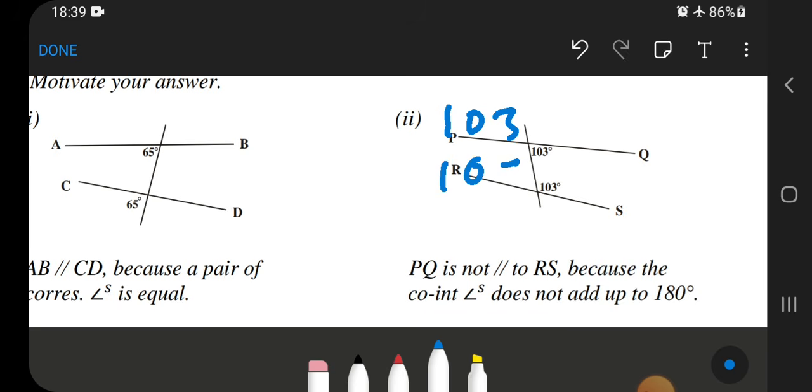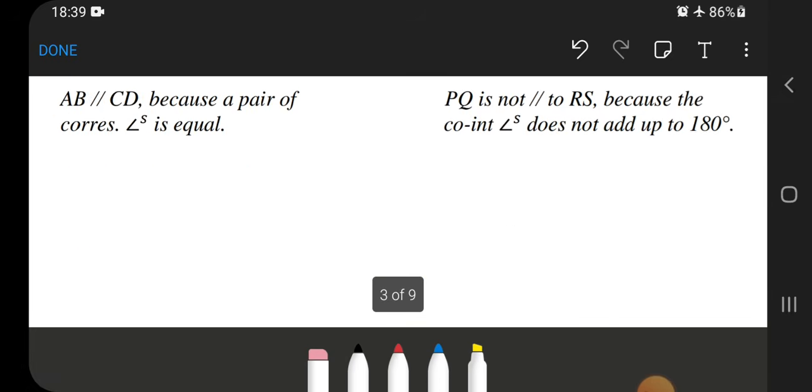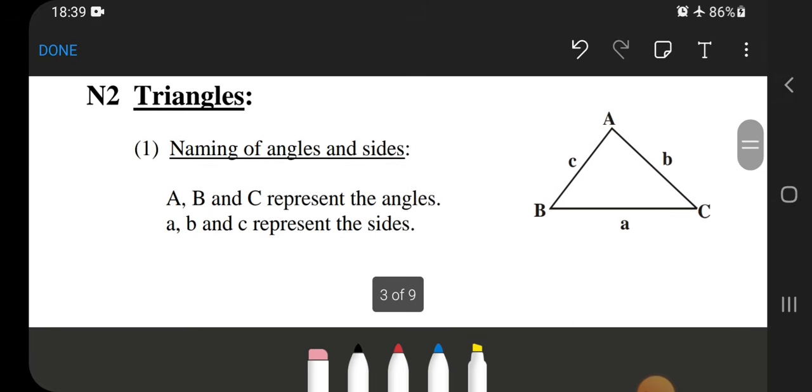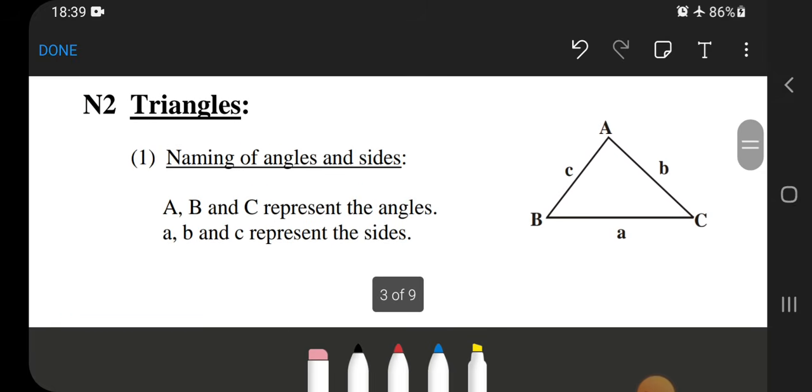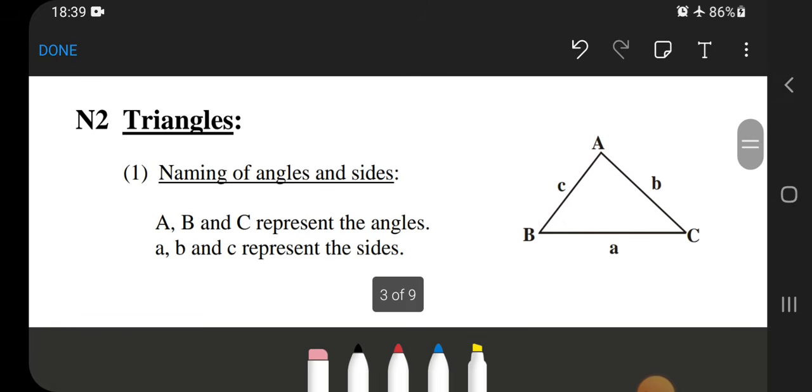No, it gives us more. So no, they are not parallel because these co-interior angles do not add up to 180. So if you want to prove that lines are parallel, you look for co-interior, alternating, and corresponding angles.